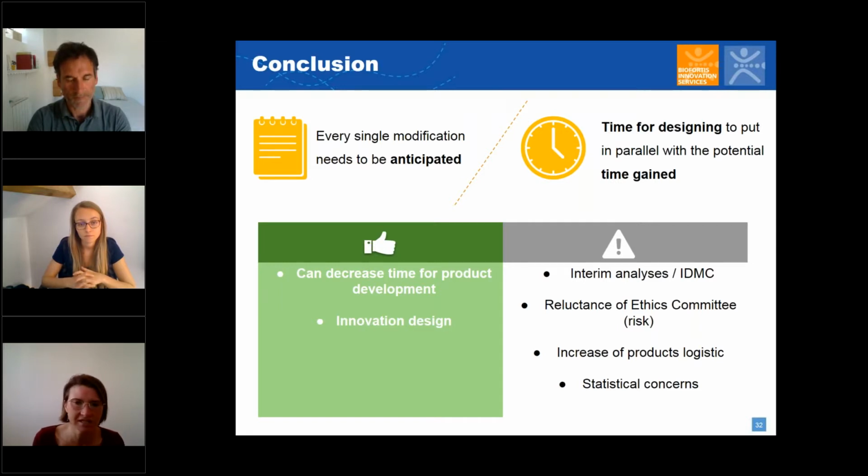And while the ethics committee can be reluctant to authorize some adaptive designs, for example, the seamless design with the lack of feedback between phases, the regulators such as FDA or EMA are emphasizing the use of adaptive design because the key benefit is obviously ethical for patients in a trial.